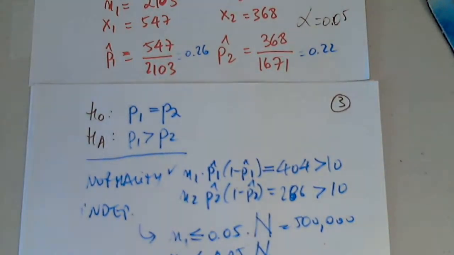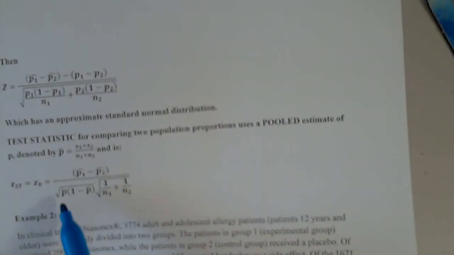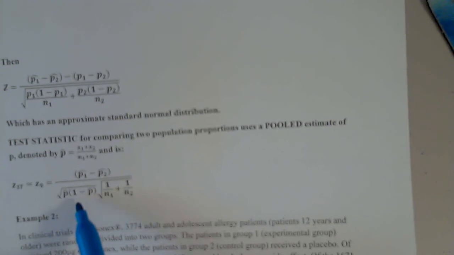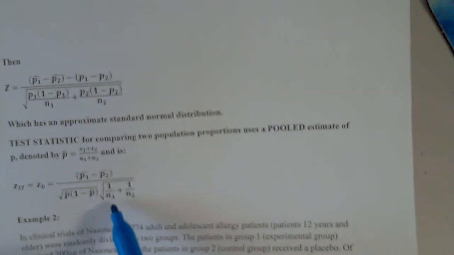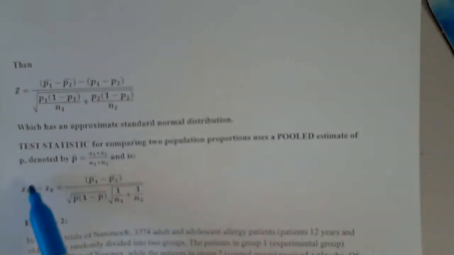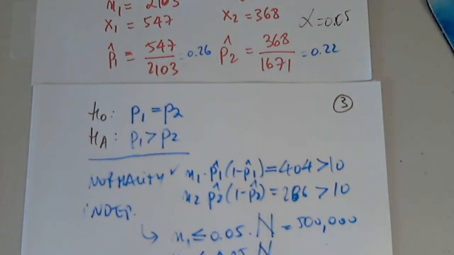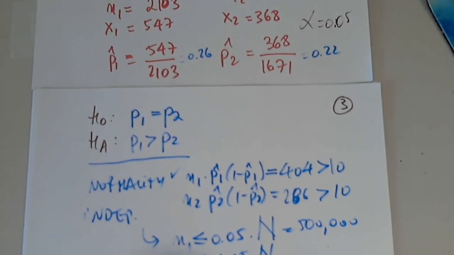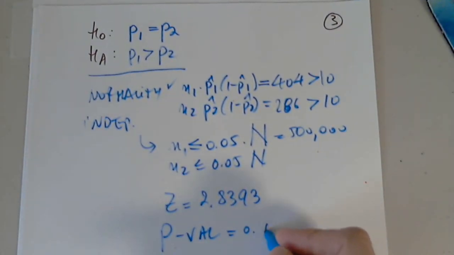By the way, the Z statistic is all this calculation: P1 hat minus P2 hat divided by the square root of pooled P times 1 minus pooled P, times the square root of 1 over n sub 1 plus 1 over n sub 2. This is what the calculator is determining. So I got the Z, correct me if I'm wrong, 2.8393, and the P value as being 0.0045.